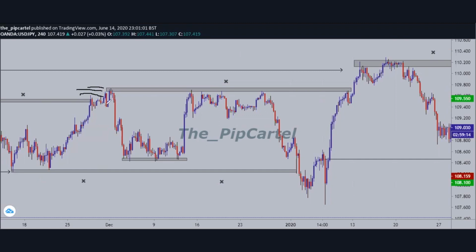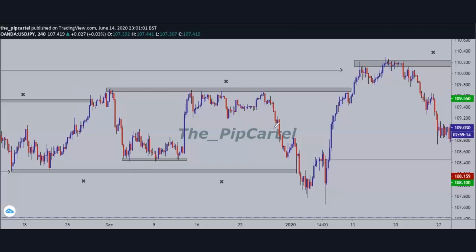Instead of the retest and continuing upward, the opposite actually happened. Price just came all the way down again, and this just happened over and over again.